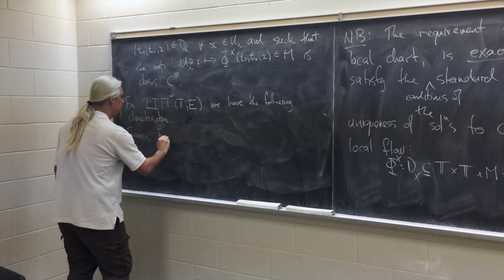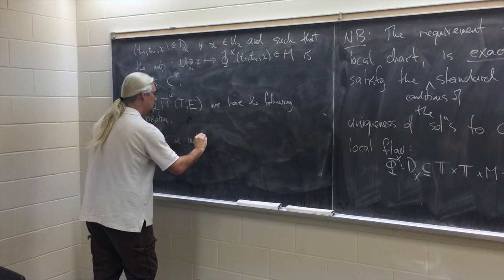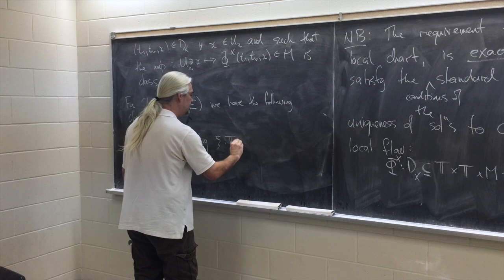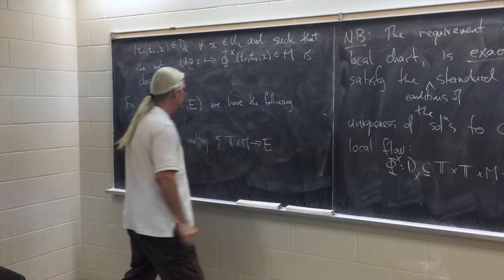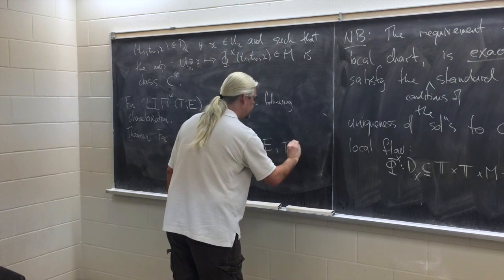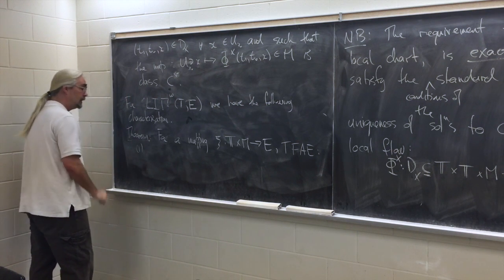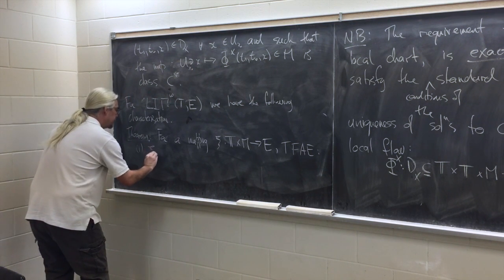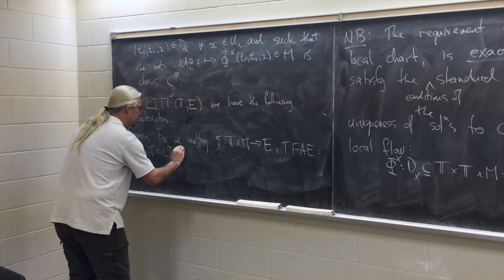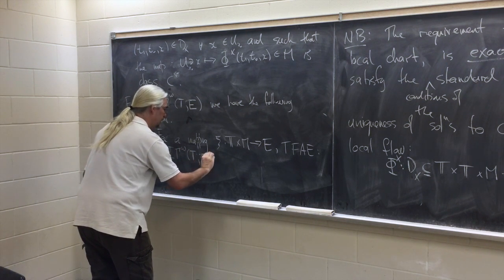Okay. So for a mapping C from T cross M into E. Okay, so we're talking about sections of vector bundles here. All right, so the first condition is that C is in Li gamma omega.